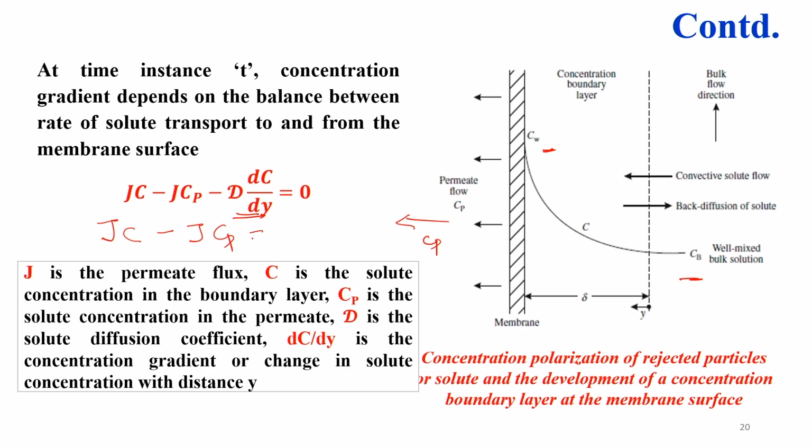So, it says this equals D into dC upon dy, where dC upon dy is the concentration gradient, and D is the solute diffusion coefficient. So, we are applying simple mass transfer theory here.